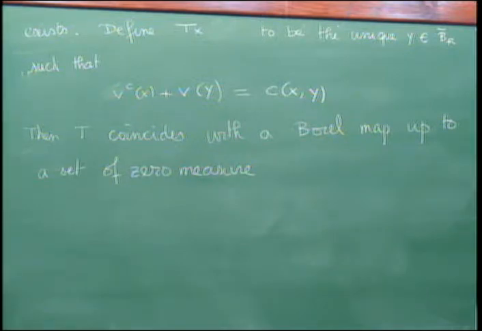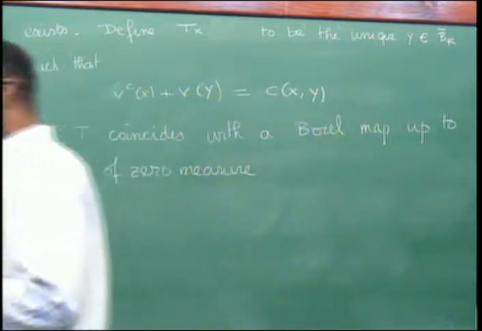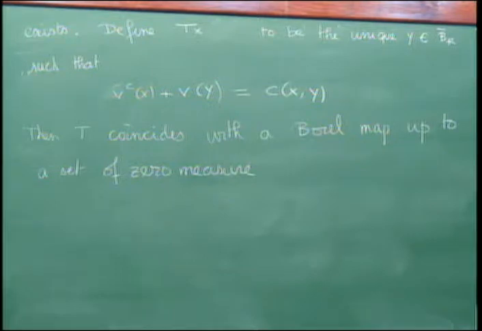And in fact, what I am going to do is find a Borel set of full measure where T is continuous. And if we have that, then we'll be done with the fact that T coincides with a Borel map up to a set of zero measure.